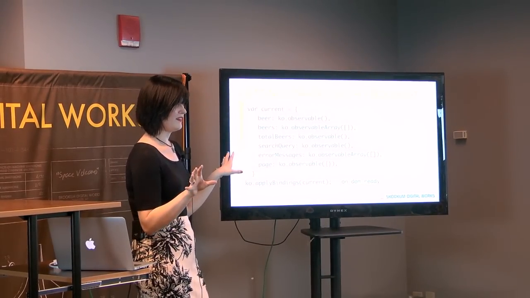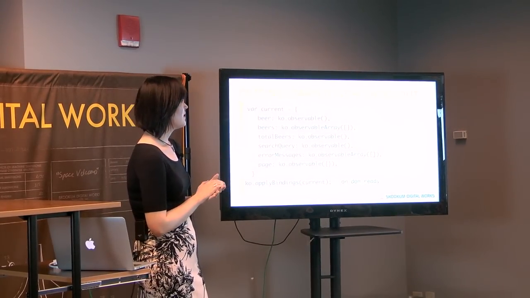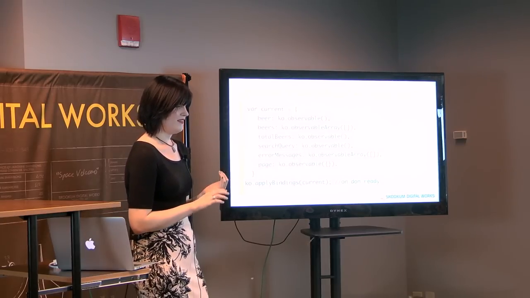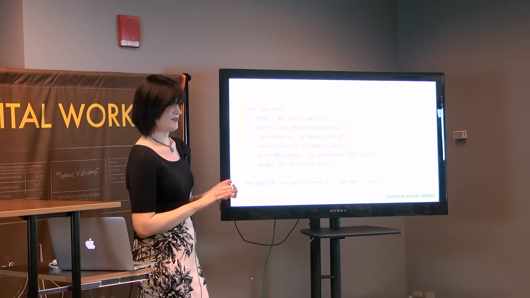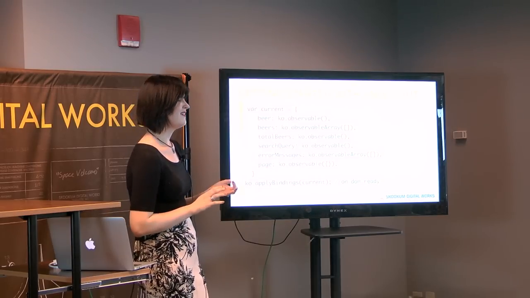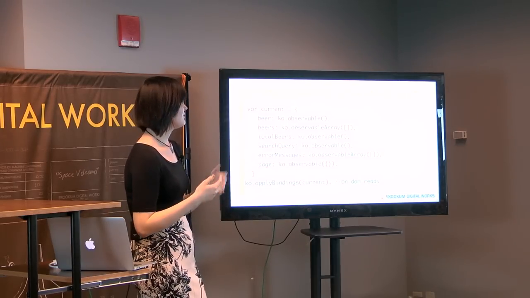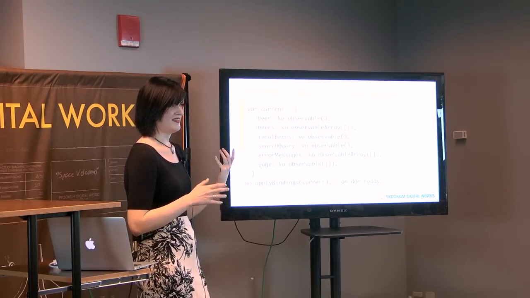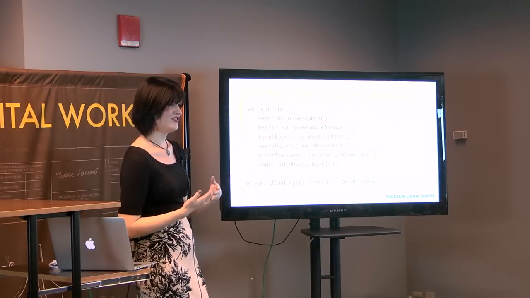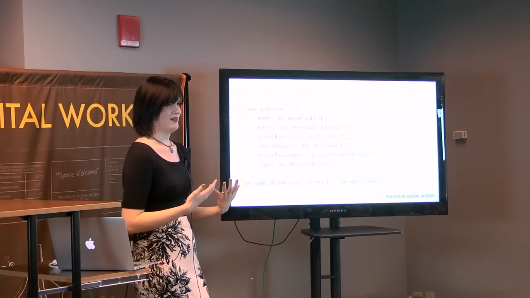You don't need everything. For instance, with my app, I could have made all of the properties of the beer an observable, like the title and the description and the ABV. But we don't have write access to the database, so those values are not really going to change. So they don't need to be observables.